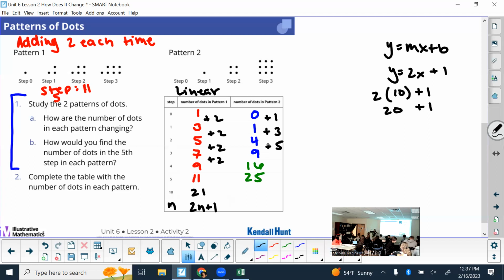Because what are we adding now to get to 16? 7. And what are we adding to the 16 to get 25? So that's a new pattern. Is that an exponential pattern? Yes. No. Yes. Exponential would be multiplying each time. So that means it is actually a quadratic pattern, but I'll tell you why in a second.